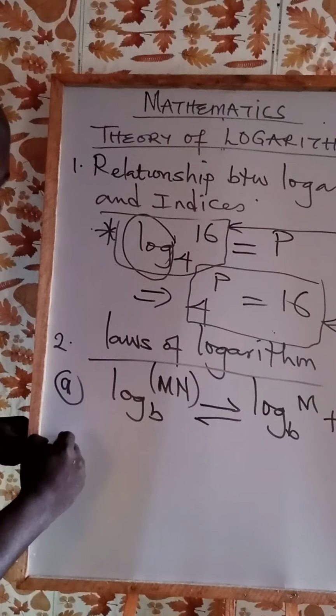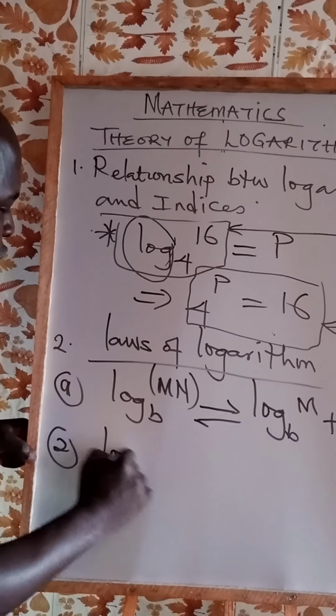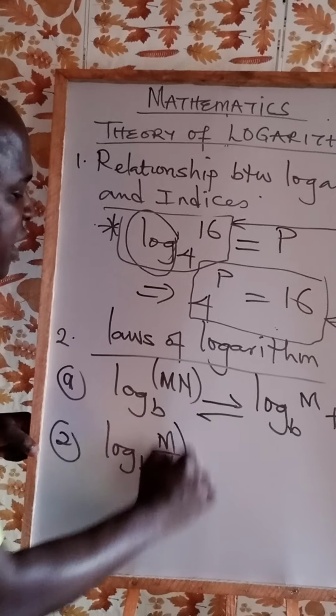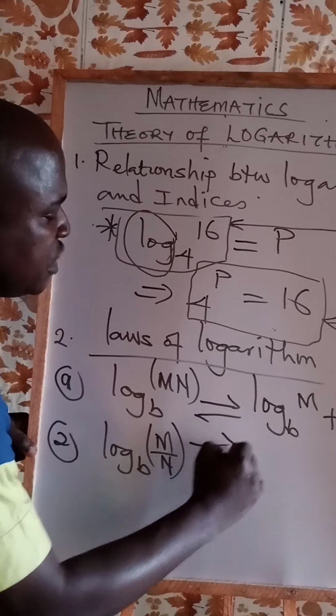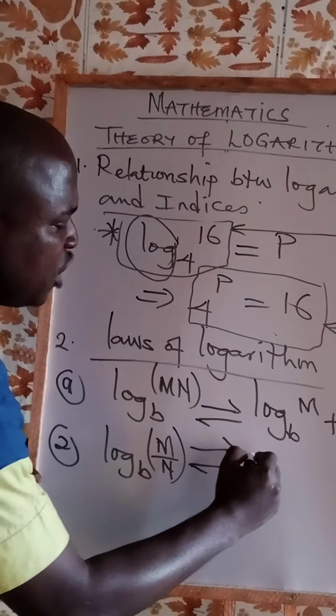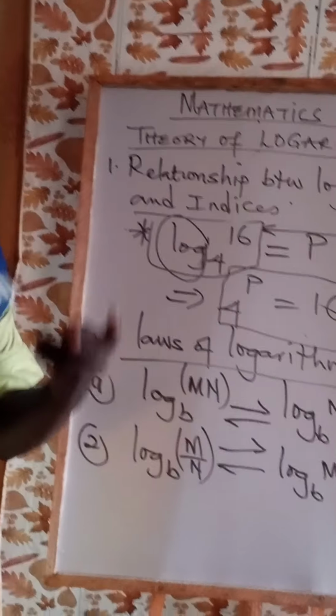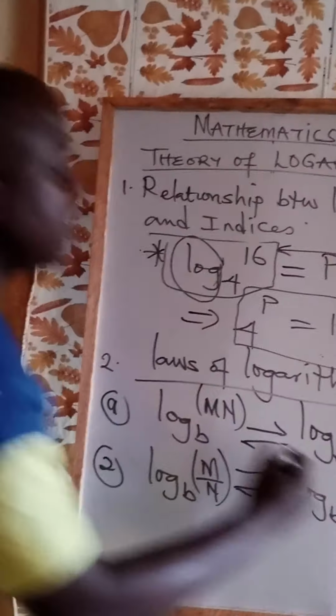Then secondly, we have the next one: log b of m over n, that is m divided by n. It's still reversible. That means we are going to have log b m minus log b n, whereby the division sign now changes to minus sign.